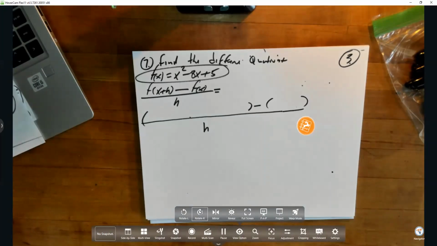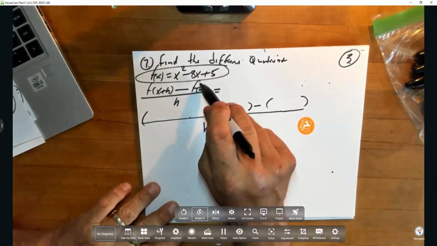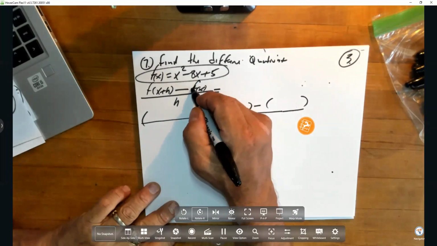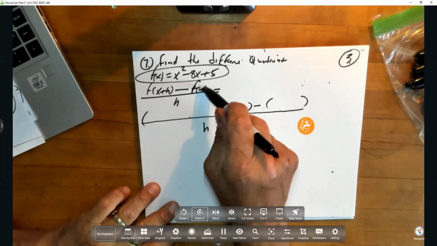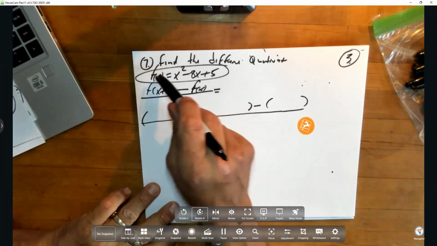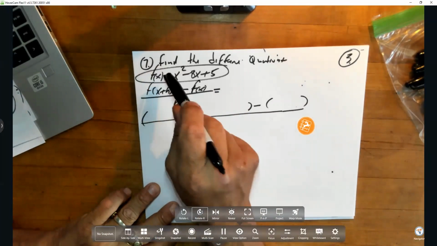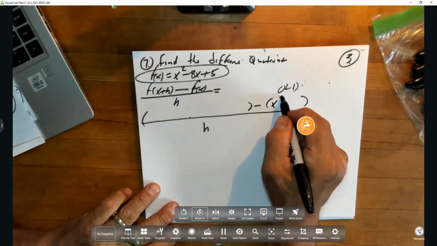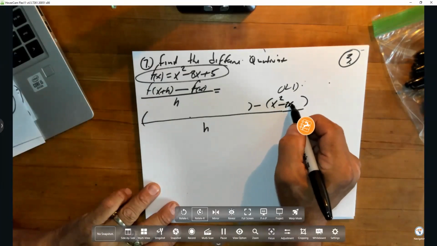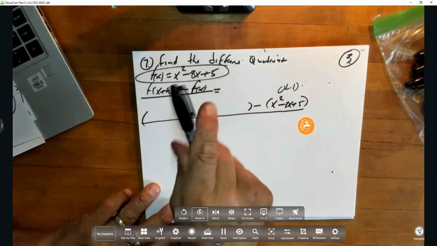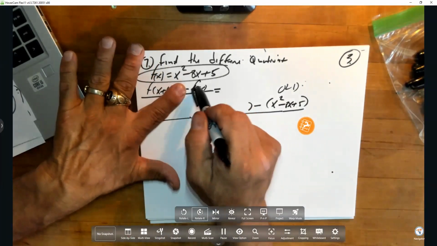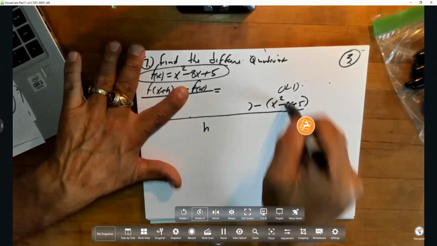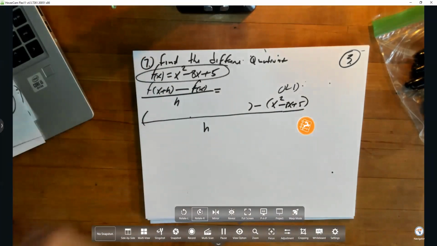All right. So now f of x, this one right here, is that exactly this one up right above it? See, f of x is f of x, and then that's right here. So I'm going to put this right here. The old one is x squared minus 8x plus 5. So this part of the function says this is what? That right there. Okay. So everybody okay with that first part?